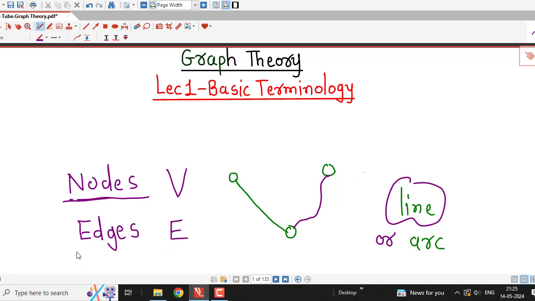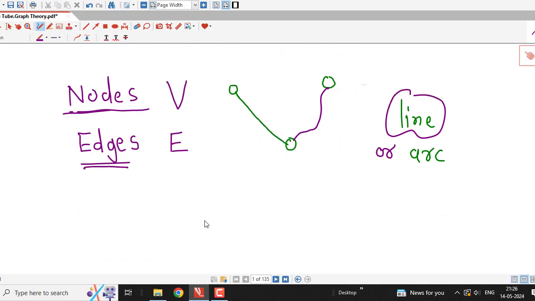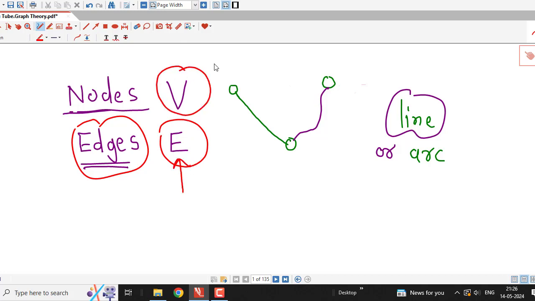If we have these two sets, that is the set of vertices denoted by capital V and the set of edges denoted by capital E, and to each edge in the set E there corresponds a pair of nodes, then we can say that this diagram is a graph.